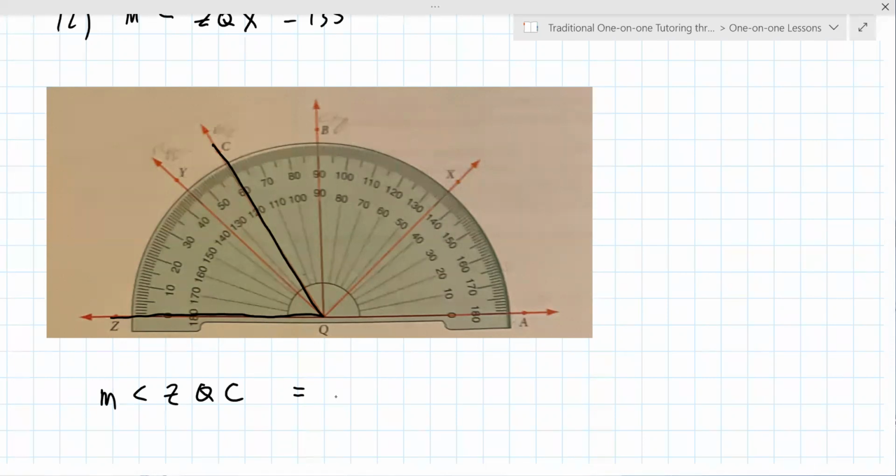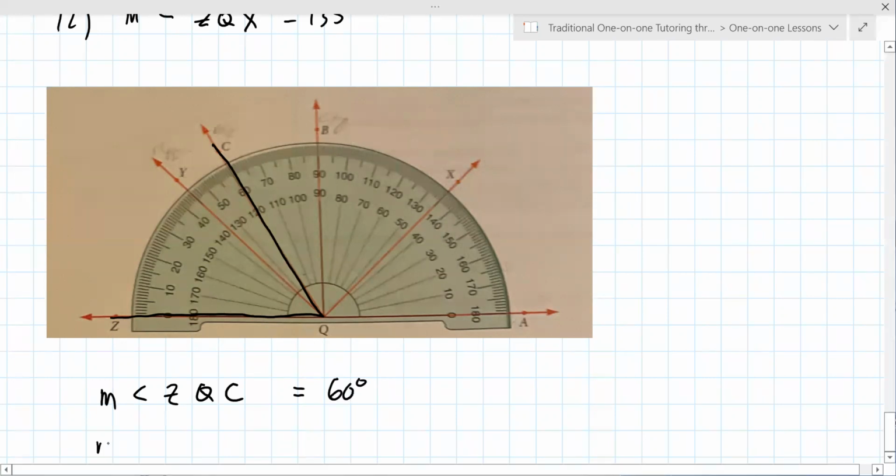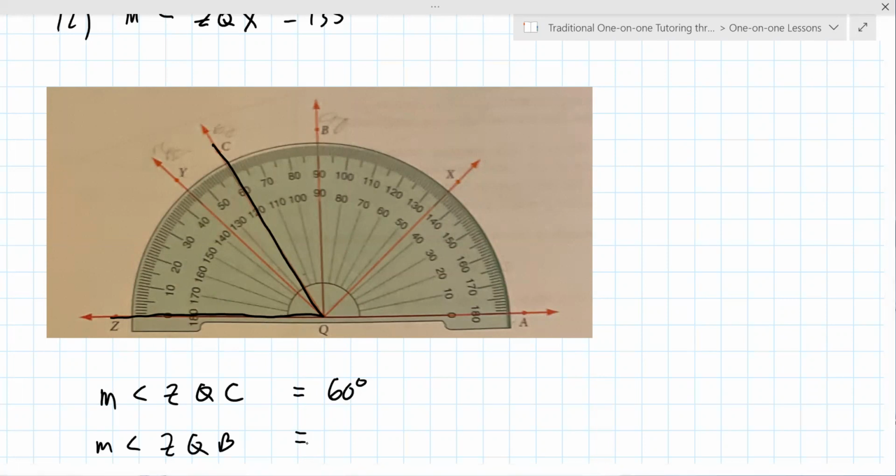Now, how much is the measure of angle ZQB? For ZQB, that is 90 degrees. Okay.